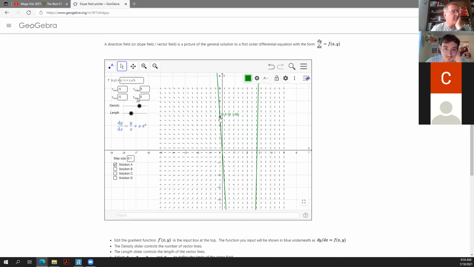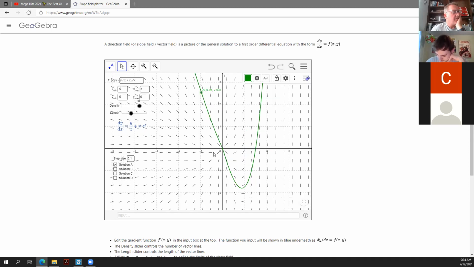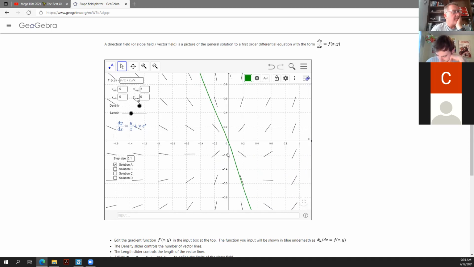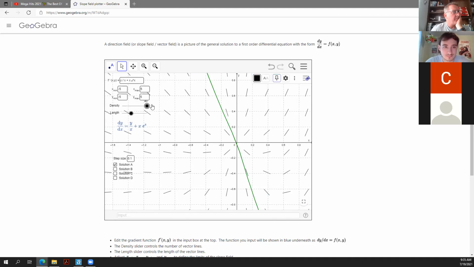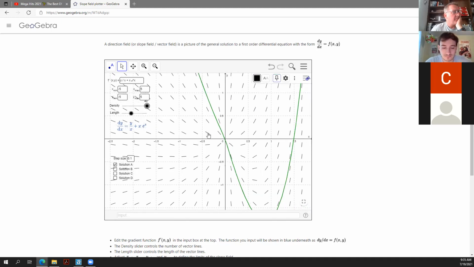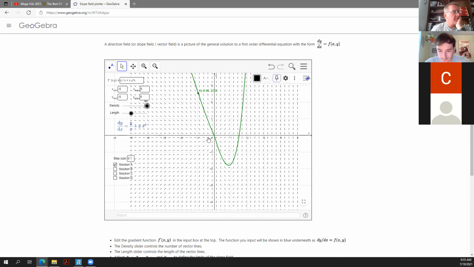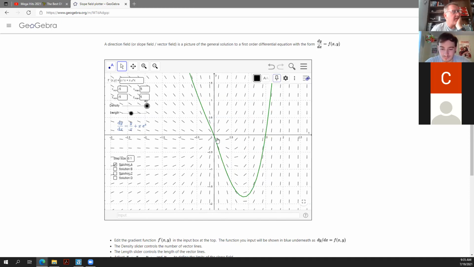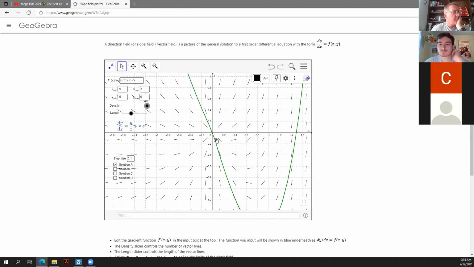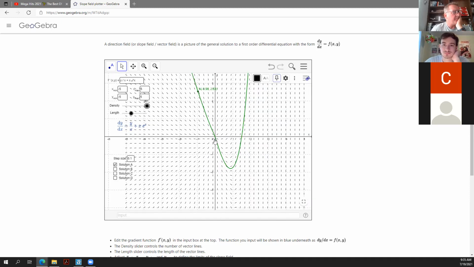Is this freaking out because of the vertical slopes? I'm actually not sure. I'm not sure that isn't freaking out right here a little bit.